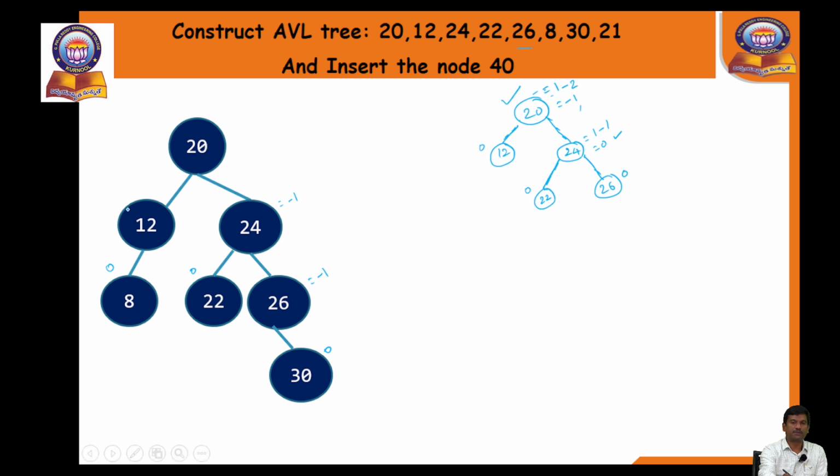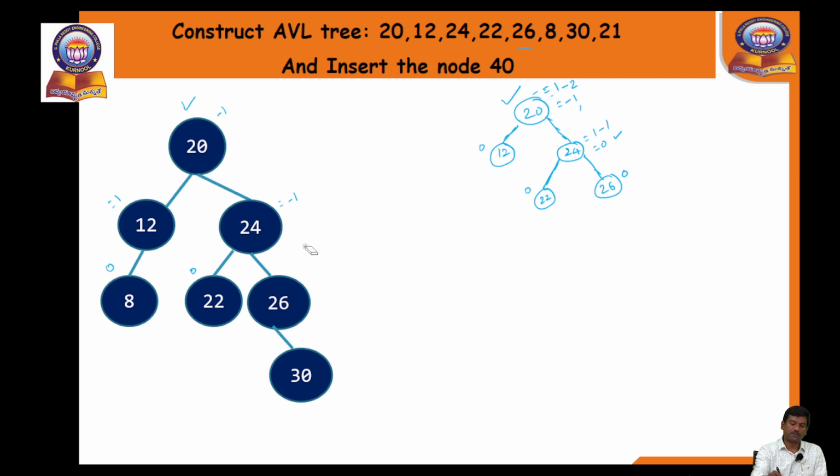The left subtree is 1, the right subtree is 0, so that will be equal to 1. And for node 20, the left subtree is 2 and the right subtree is 3. So 2 minus 3 will be equal to minus 1. So all the balance factor values of every node satisfy the property of the balance factor. Take the next node to be inserted.